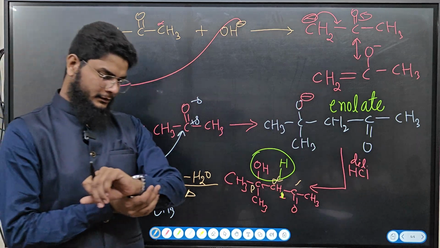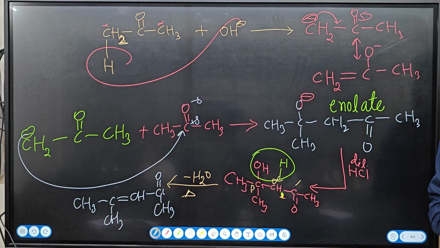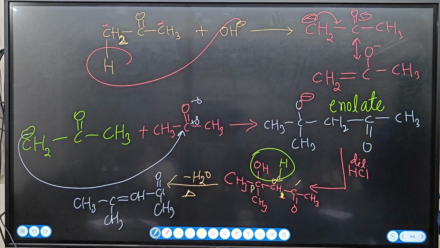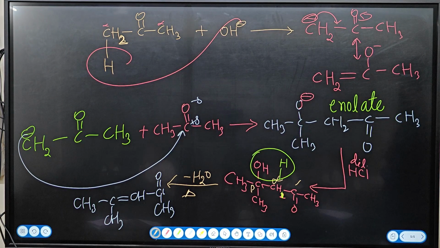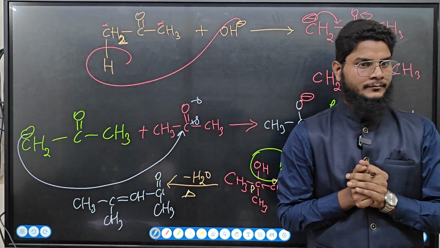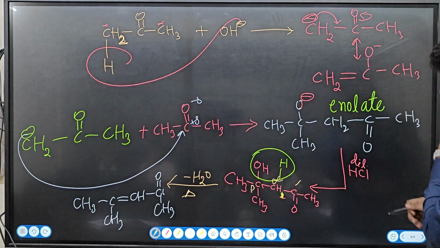Alpha beta unsaturated carbonyl compound, right? Write down. So you understood what is aldol reaction. And there are various types of aldol reaction, aldol condensation. What are the types?